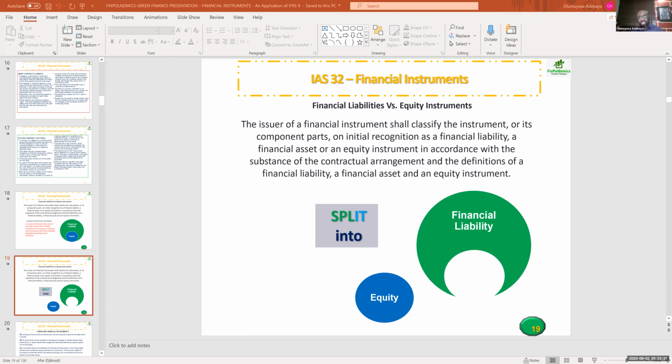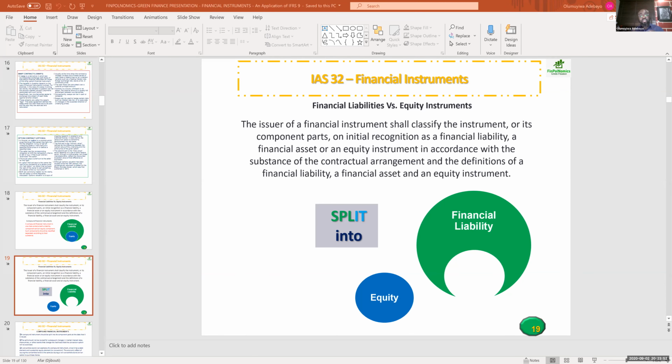Now, what is the third step we carry out? Our third step will require us to determine the contractual cash flows. That is, for this bond, what is the amount of interest we are going to pay over time, and what is the principal amount we are going to pay upon redemption?